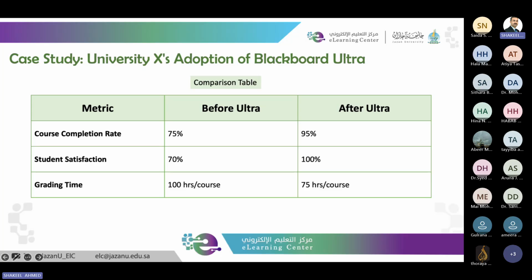After adopting Ultra courses, course completion increased to 95% and student satisfaction reached full satisfaction. At the same time, grading time dropped to 75 hours per course due to the built-in grading tools and clearer workflows. Overall, the data shows improved student outcomes and reduced workload for faculty after the transition to Blackboard Ultra.